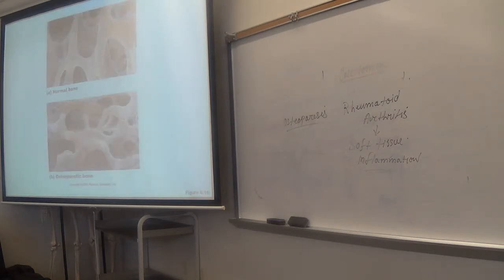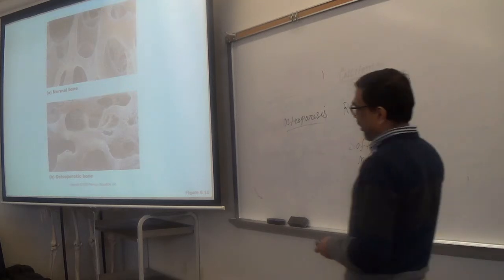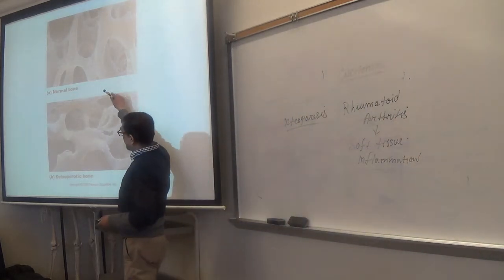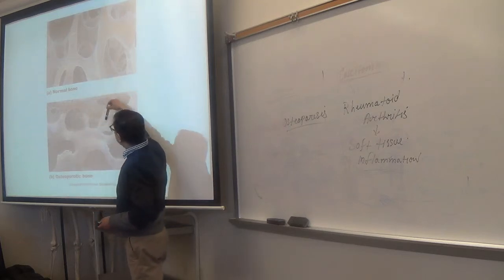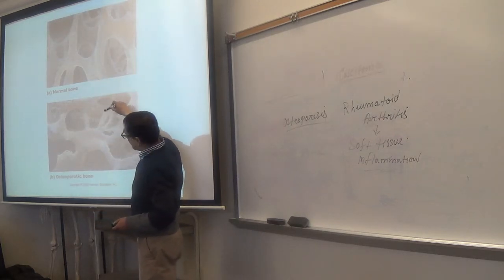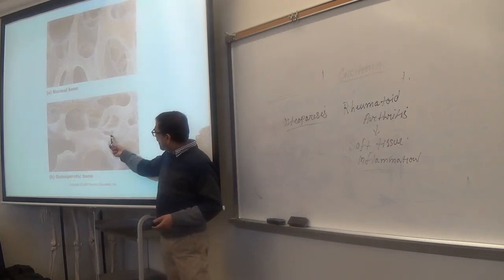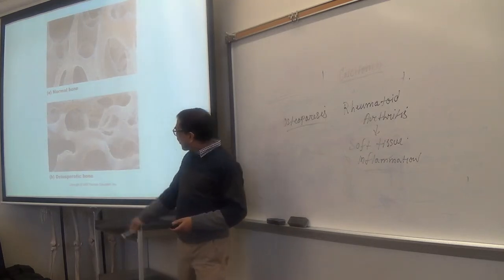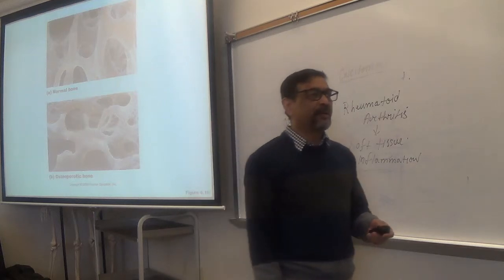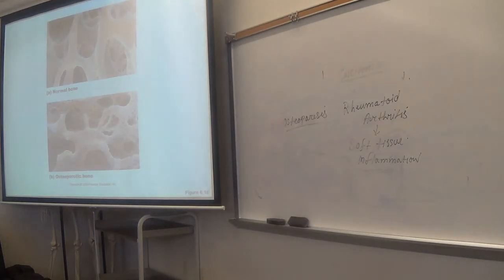You see the spongy bone of a normal person. This is a trabeculae. And this is osteoporotic patient. So you can see that many holes make the bone tissue really weak, okay, and fragile. So that's the osteoporosis. Normal bone above, spongy bone, and below osteoporotic.